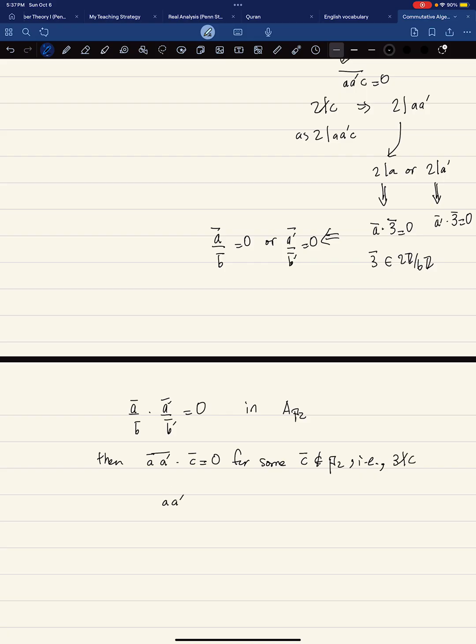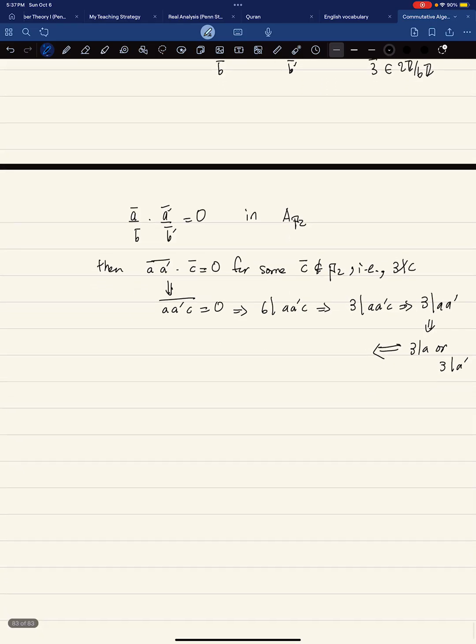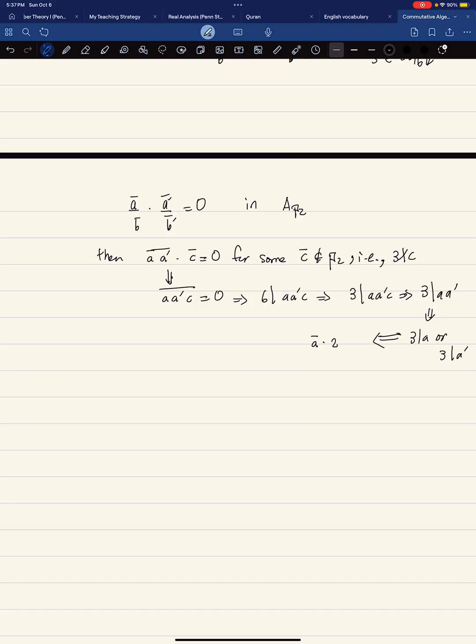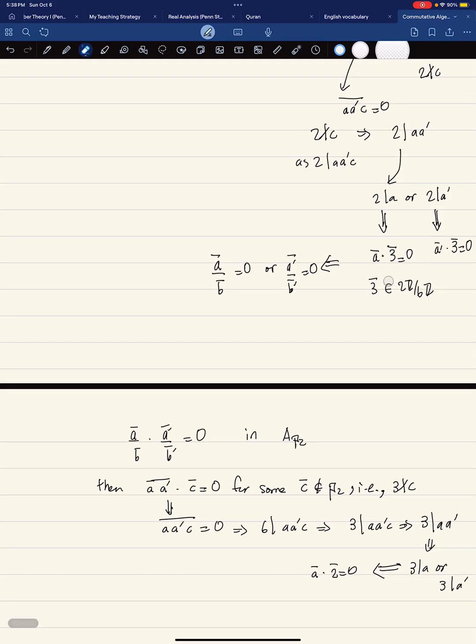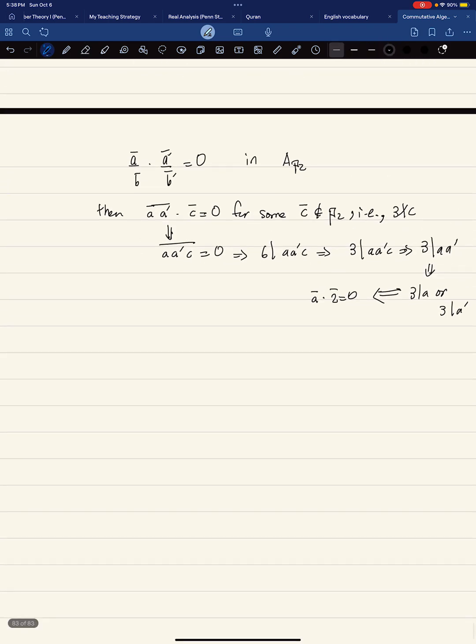So this implies 6 divides a a' c, so 3 divides a a', so 3 divides a, or 3 divides a'. If 3 divides a, then a times 2 is equal to 0, and 2 does not belong to 3Z over 6Z. So this means that a over b is equal to 0. And if 3 divides a', then the same.